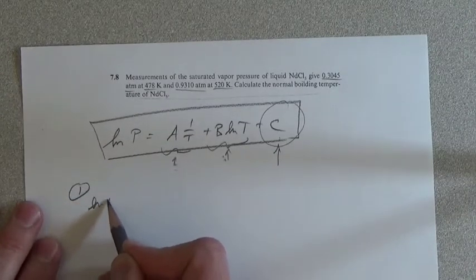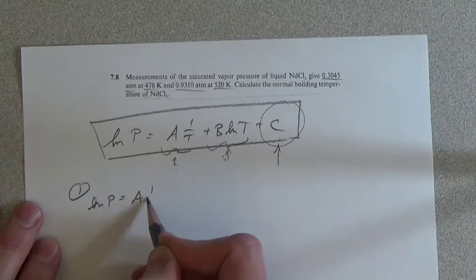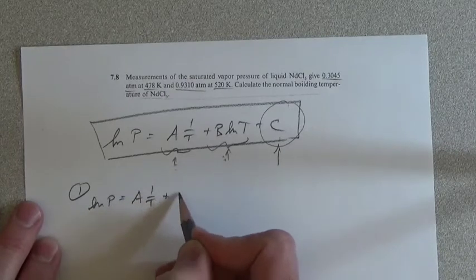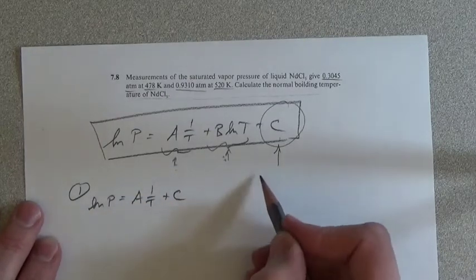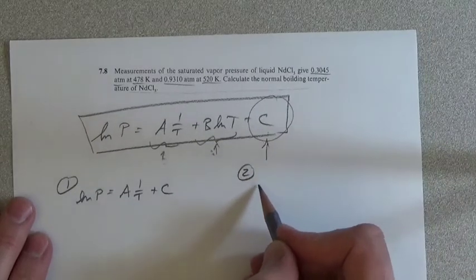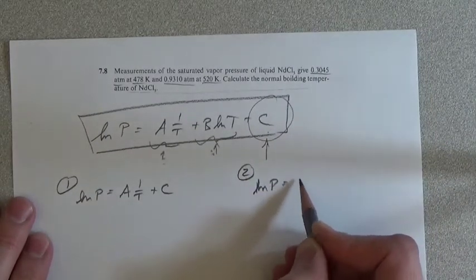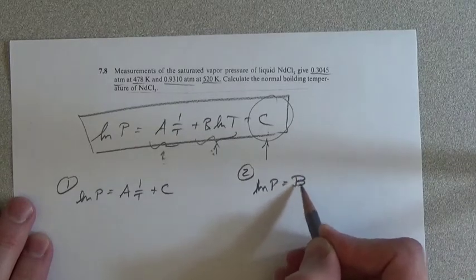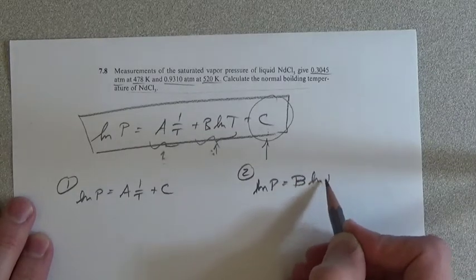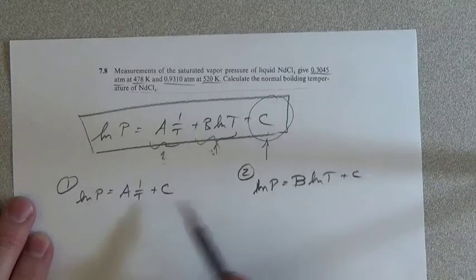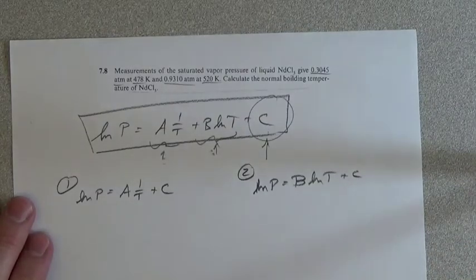So the way I approach the problem is I first solved for natural log P is equal to A over T plus C, and then I solved for natural log P is equal to B natural log T plus C. And I thought I would test the two and see how well they operated.